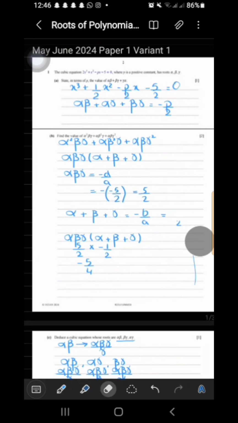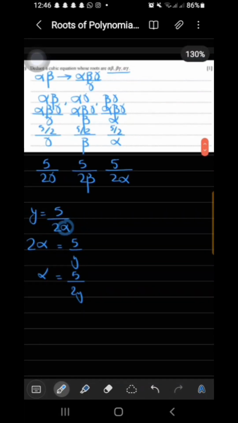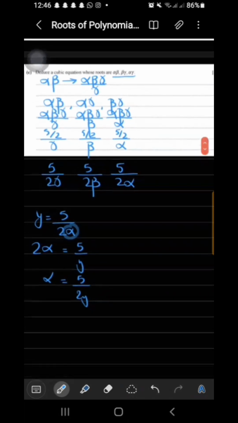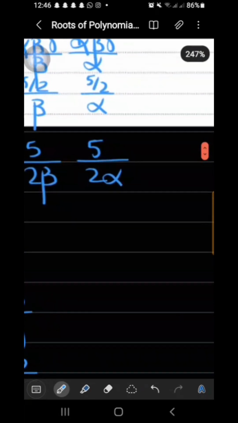So that alpha is equal to x. The root is equal to x. So here we can insert alpha instead of x. What was the equation? 2x cube.